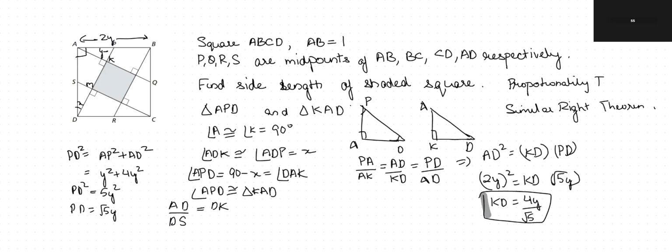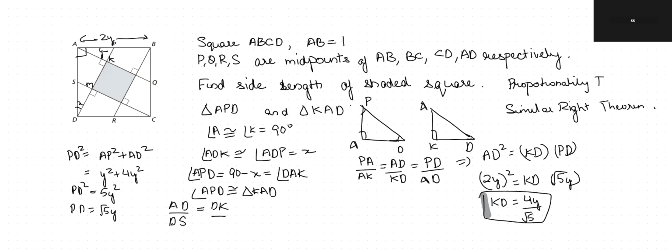So in a triangle, if there are two parallel lines, the ratio of AD over ST is the same as DK over MD.